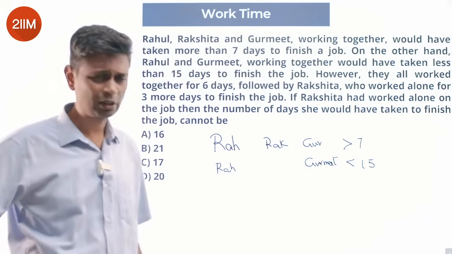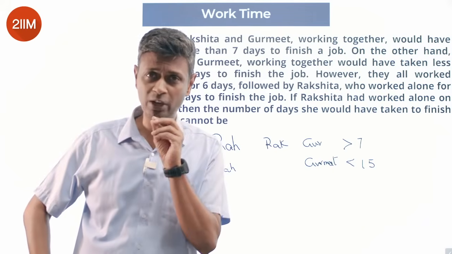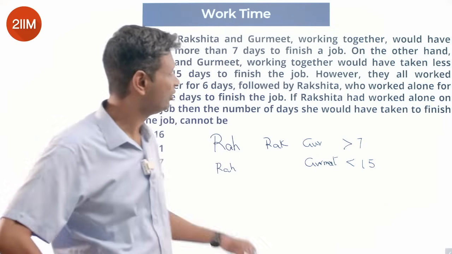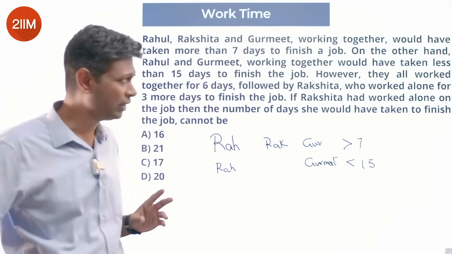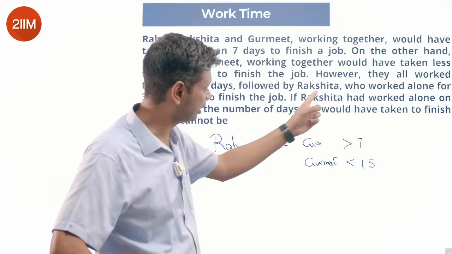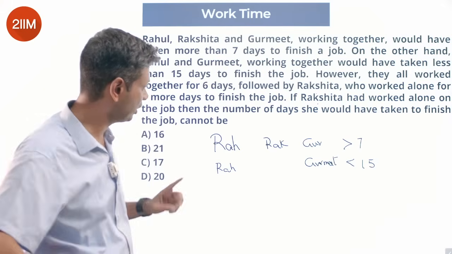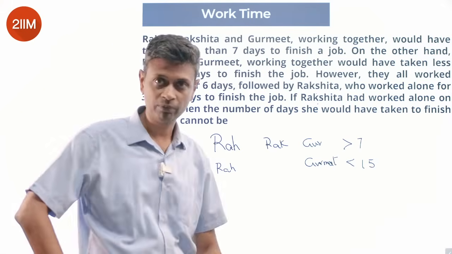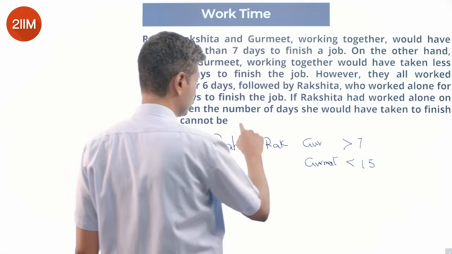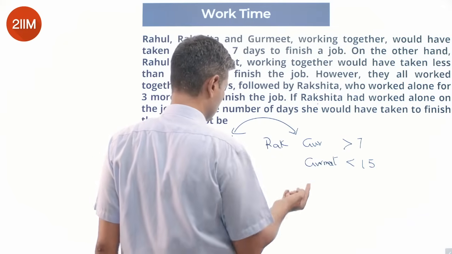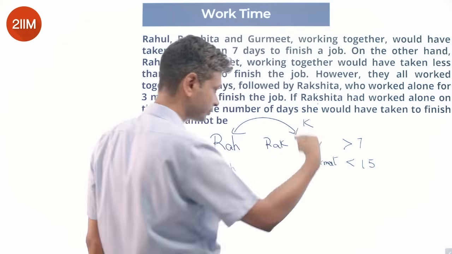This question, but rather beautifully, gets unlocked if we make one simplifying assumption. Dealing with 3 people is tough, but it's easier dealing with Rakshita separately and Rahul and Gurmeet together. So instead of saying Rahul, Rakshita, Gurmeet, I'm going to take Rahul and Gurmeet together and call it some k.